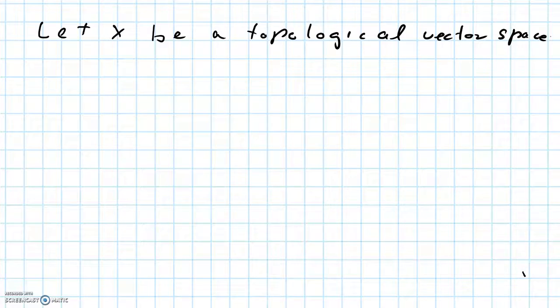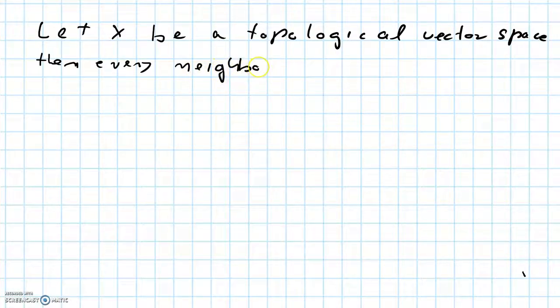Then every neighborhood of 0 contains a neighborhood of 0 that is balanced.